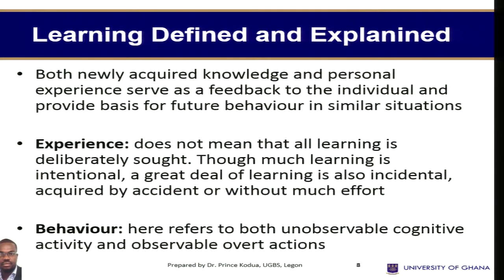Behaviors used in this definition, we are not only referring to actions that can be seen. We are also interested in covert actions, I mean, what goes on in the mind. In other words, when consumers are exposed to stimuli in the marketplace, they form certain intentions and memories and all that.